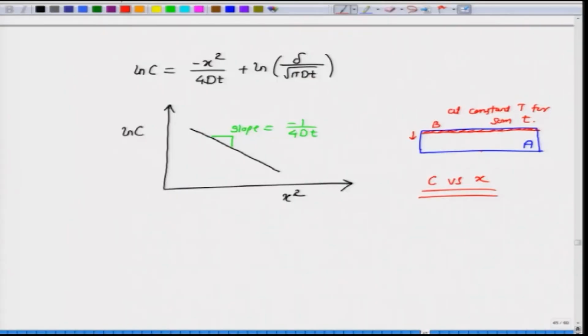So, what they do, we cannot directly measure this concentration, and to measure the concentration gradient we need to measure them with pretty much good accuracy. So, what they do, they use radioactive isotopes of B in this case. So, instead of depositing the normal B, they deposit radioactive isotope of B and they carry out this experiment.